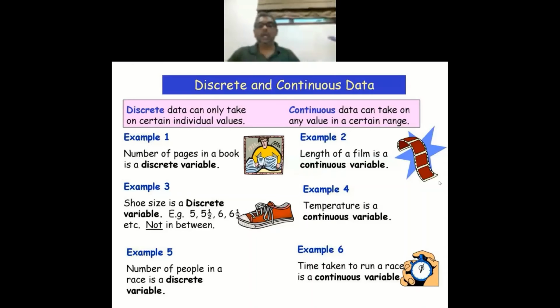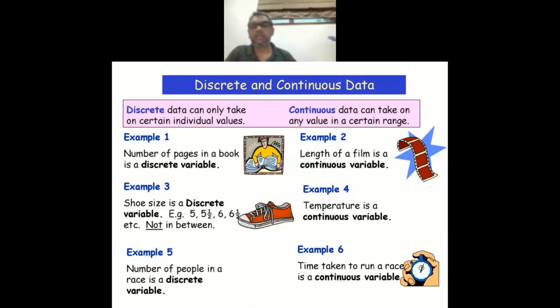No problem. Okay. There are two types of data we are talking about in this whole chapter. One is discrete, one is continuous. These two types of data are frequently used in quantitative study.